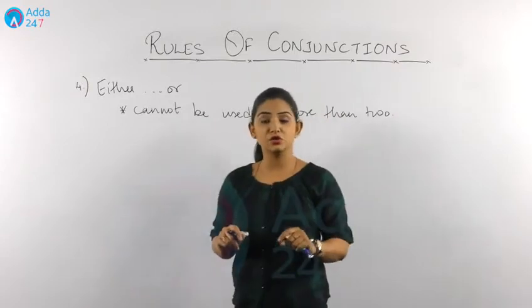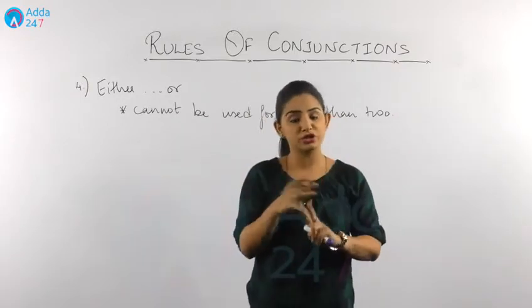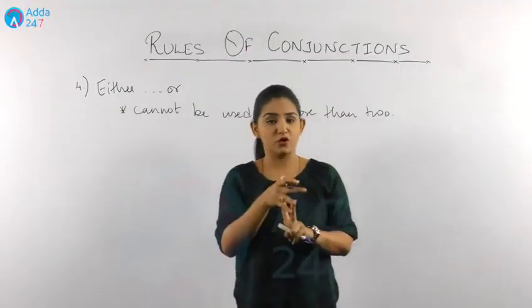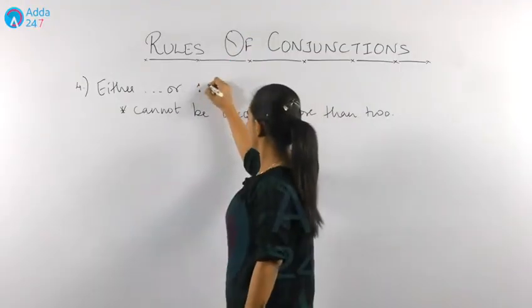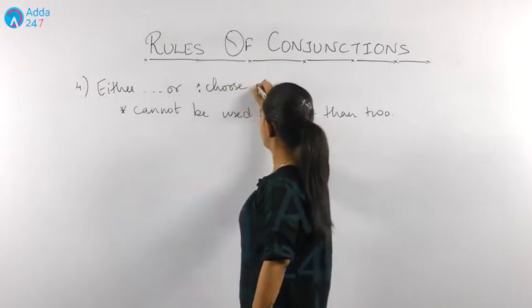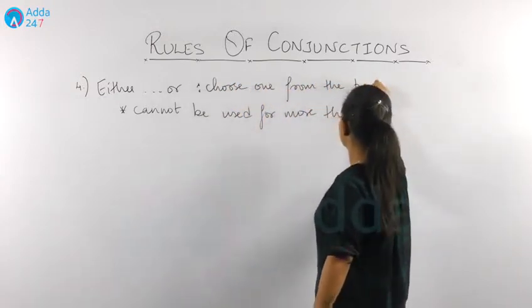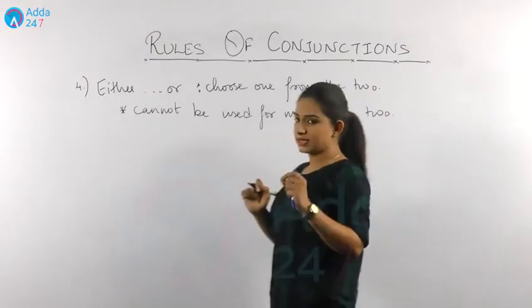And either or is used where you have two conditions, two subjects, and you need to choose one from the two. What is the sentence structure?